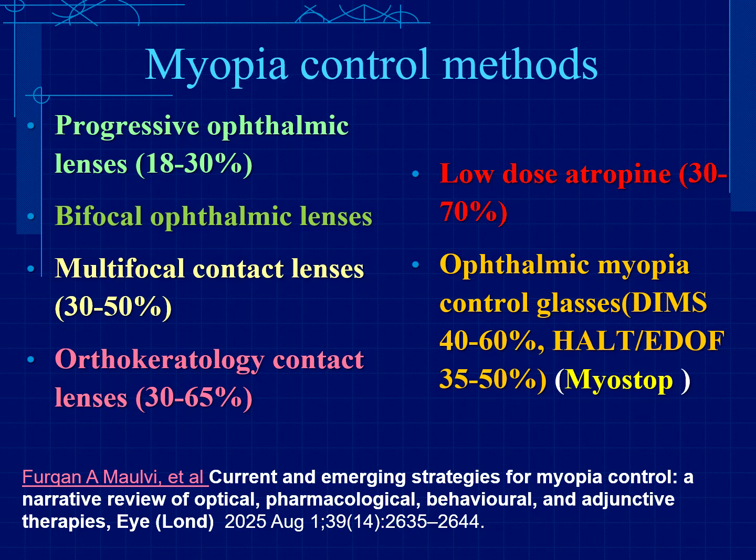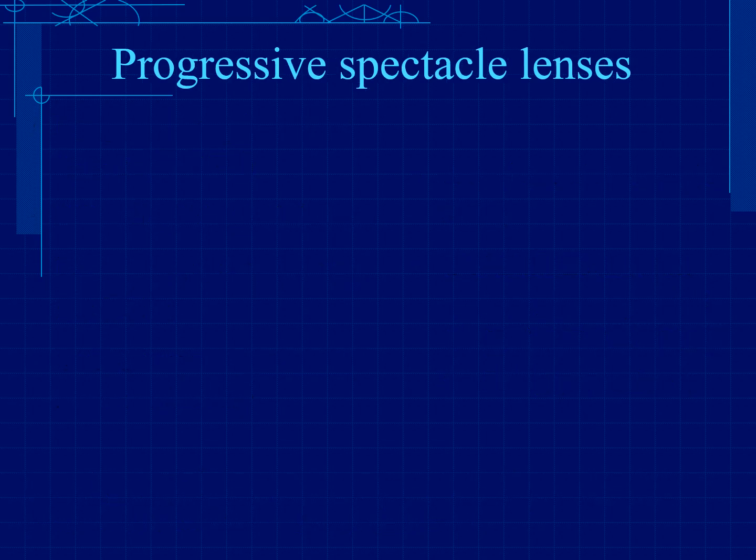Actually, continuous use of low-dose atropine is very difficult for many patients. And finally, the most common method for controlling myopia is an ophthalmic lens with special design, which different companies call by different names, and I will explain more about it in the next slide.